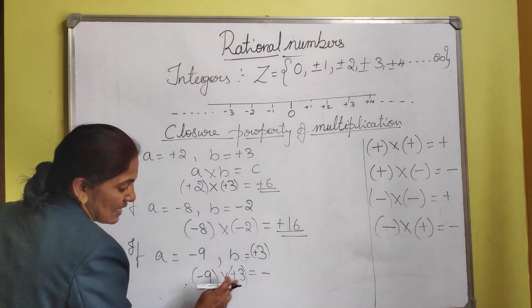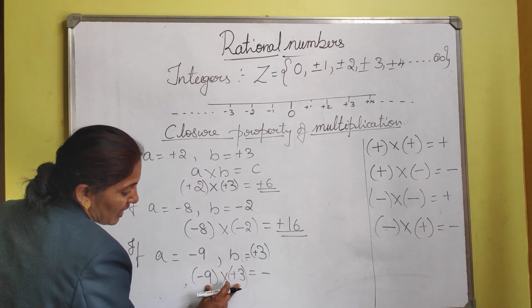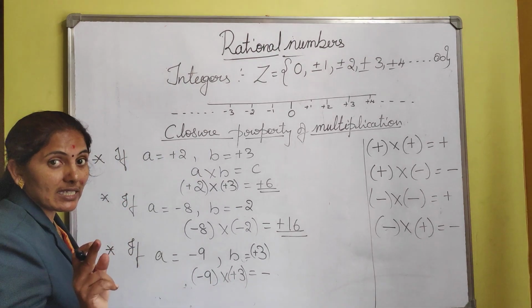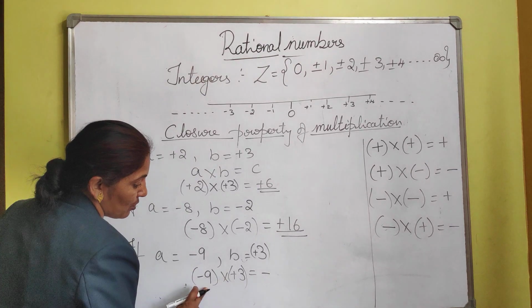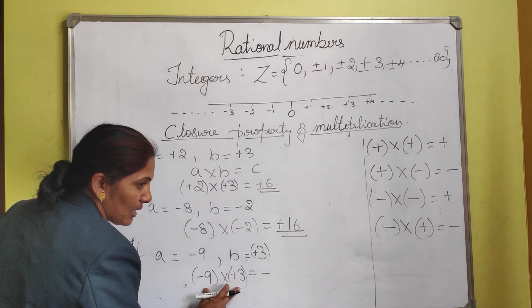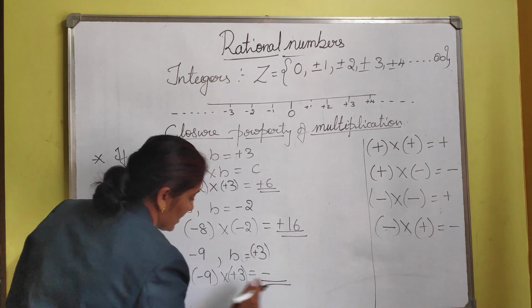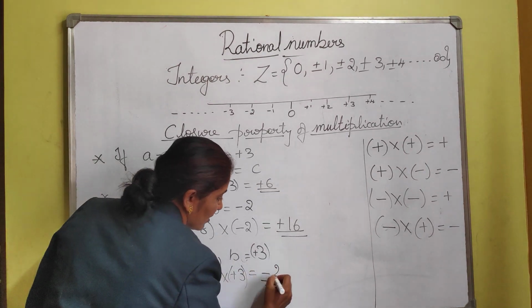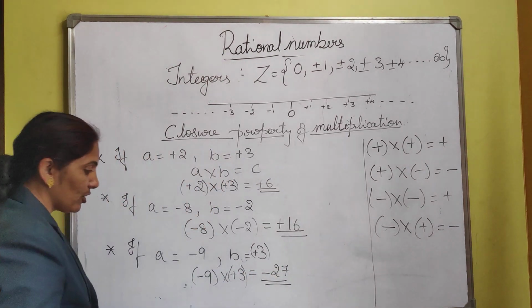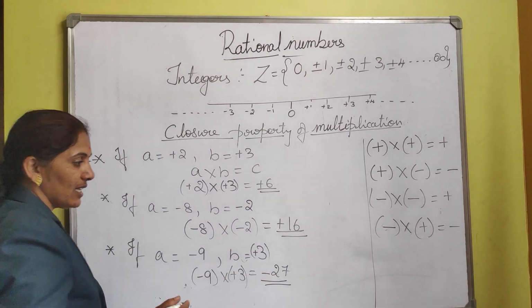This is the product of two unlike signs. Whenever we multiply any two unlike signs, the product is always negative. 9 threes are 27, so the answer is minus 27.